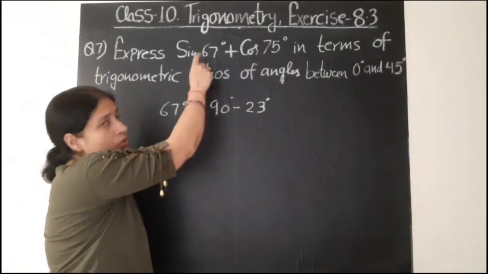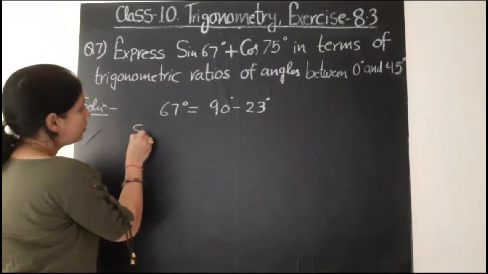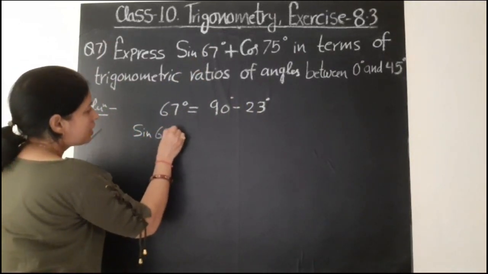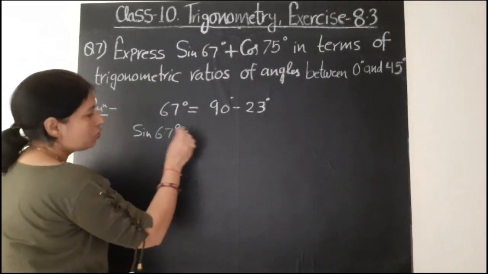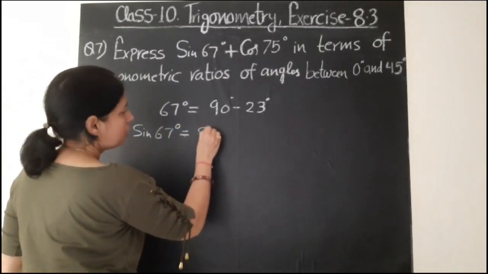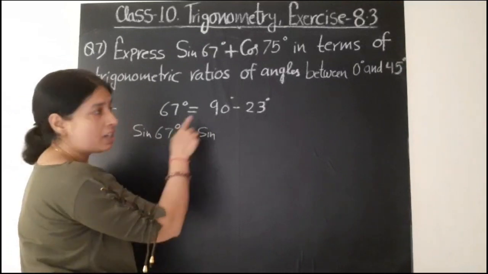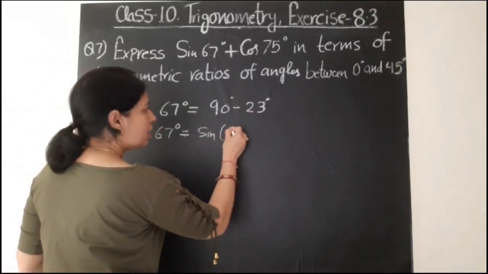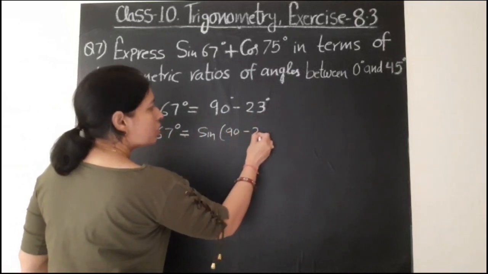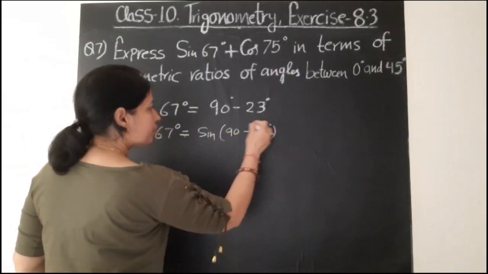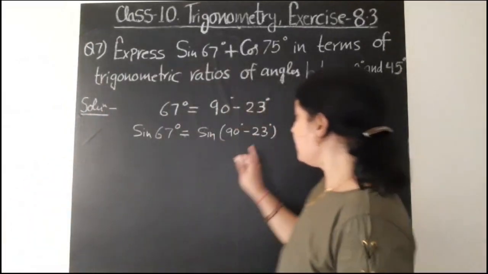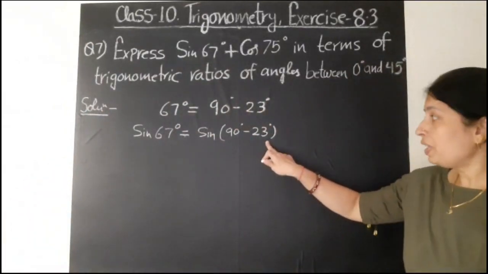So put this value here. So it will come sine 67 degree is equal to sine, in place of 67, write 90 minus 23 degree. Then what is formula for sine 90 minus A? Here A is equal to 23.